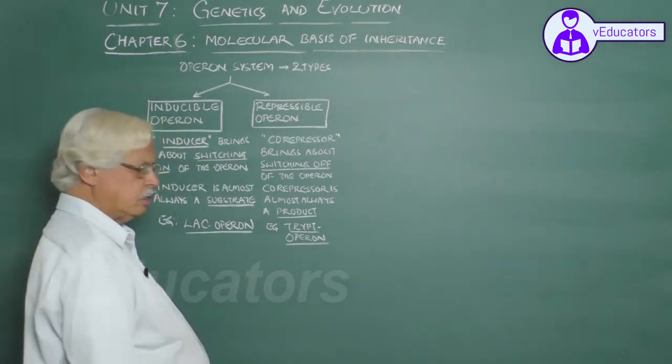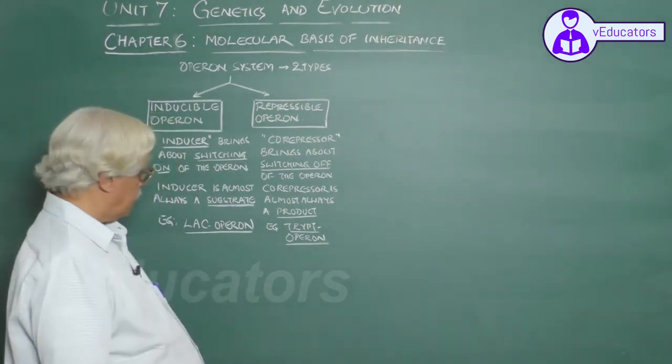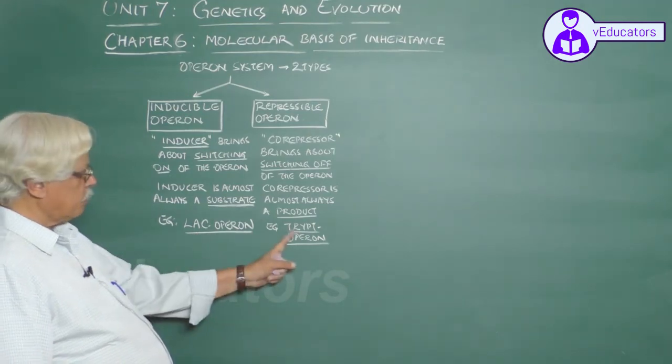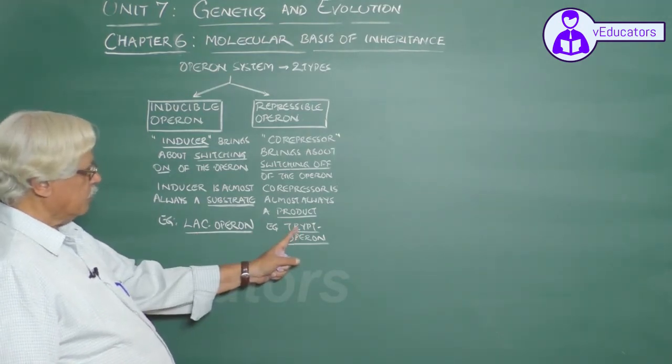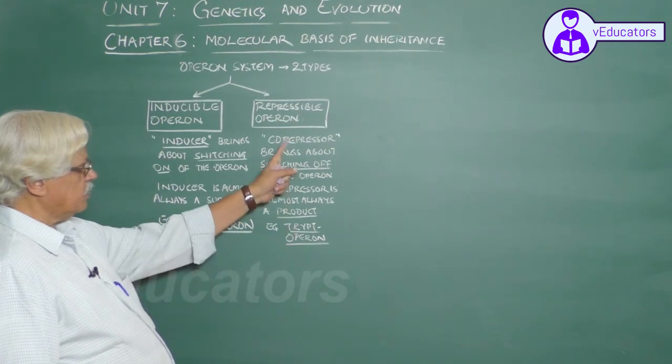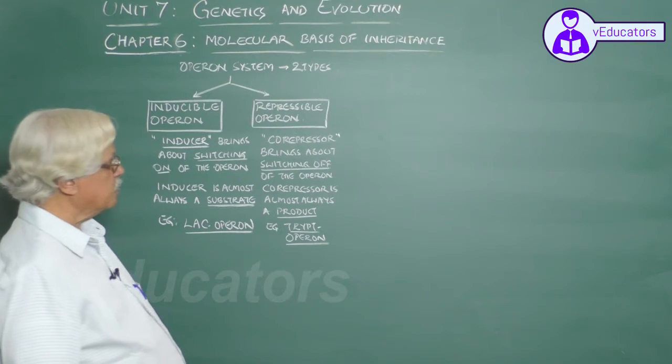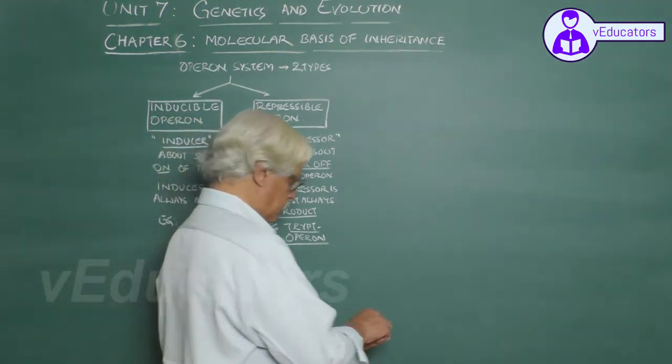It is called tryptophan operon. Lactose is the inducer. Tryptophan amino acid is the co-repressor. So let us see how these mechanisms work.